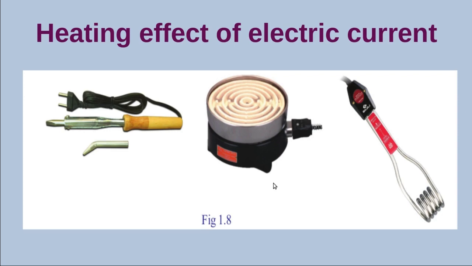They all are working on the heating effect of electric current. The energy conversion taking place in these three equipments is electrical energy into heat energy, so the effect is heating effect.